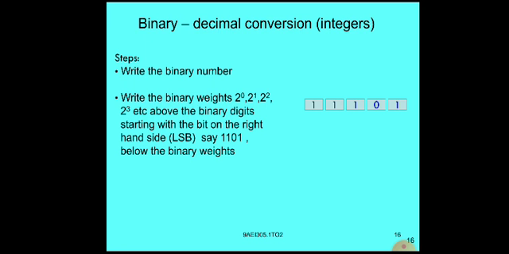The rightmost bit is called the least significant bit because it assumes the lowest position. Its weight is 2 power 0.